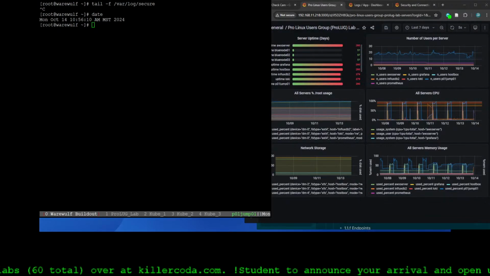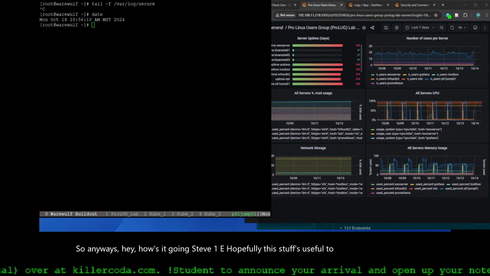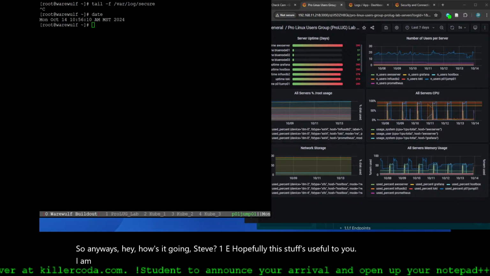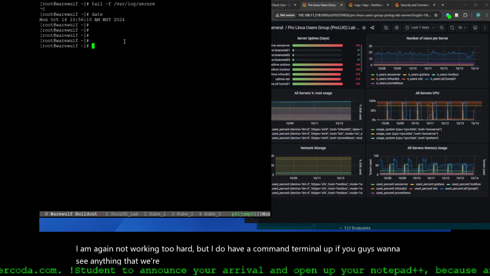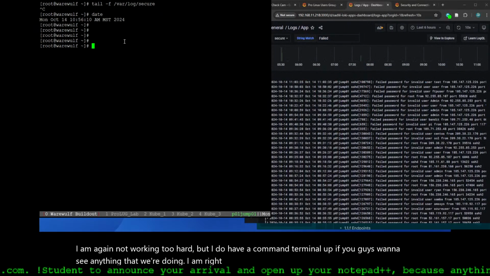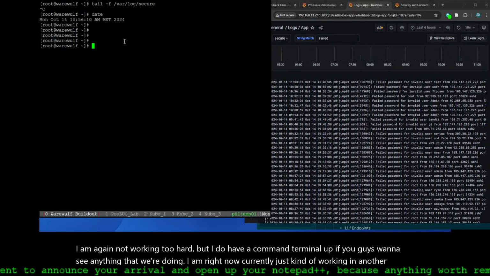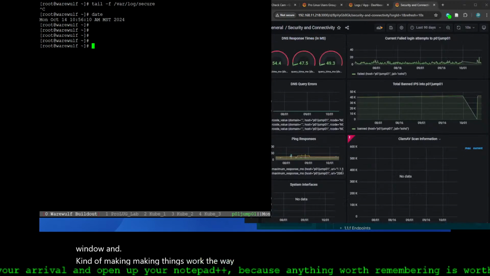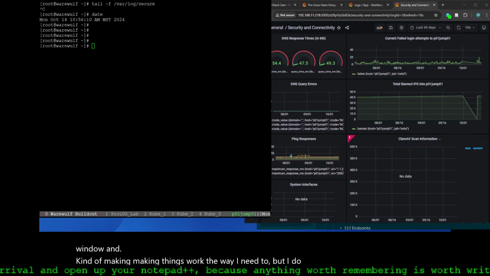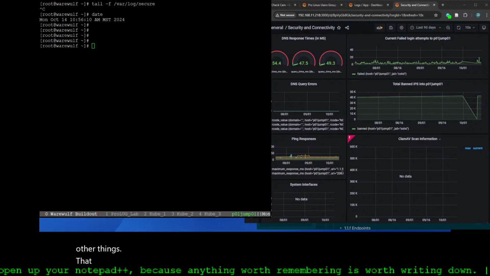So anyways, hey, how's it going, Ste1E? Hopefully this stuff's useful to you. I am, again, not working too hard, but I do have a command terminal up if you guys want to see anything that we're doing. I'm currently just working in another window, making things work the way I need to. But I do need to pull up a couple of other things that are gotchas in my environment.